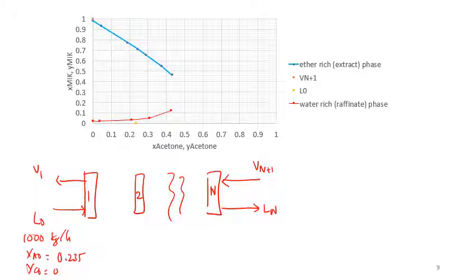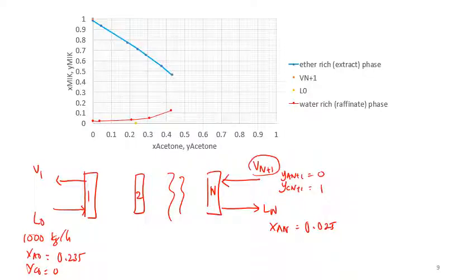And for Vn plus 1, you know YAn plus 1 equals 0 because it's pure solvent, so YCn plus 1 equals 1. And your desired specification for the raffinate phase is XAn equals 0.025. But you don't know the flow rate for Vn plus 1.